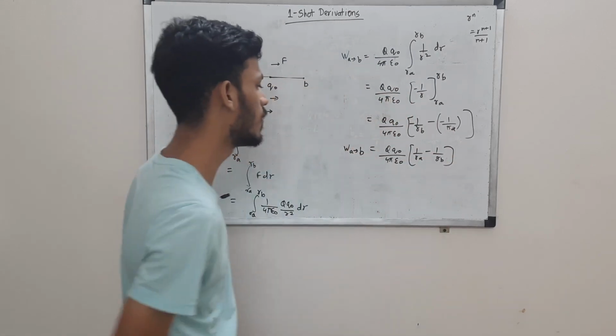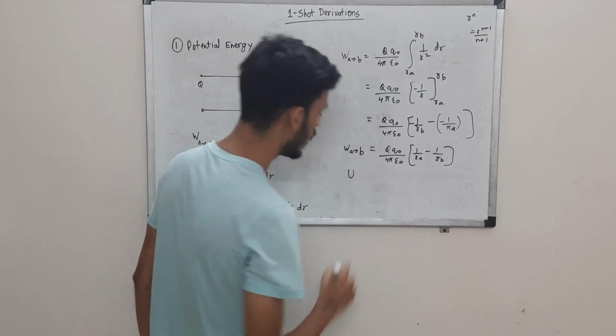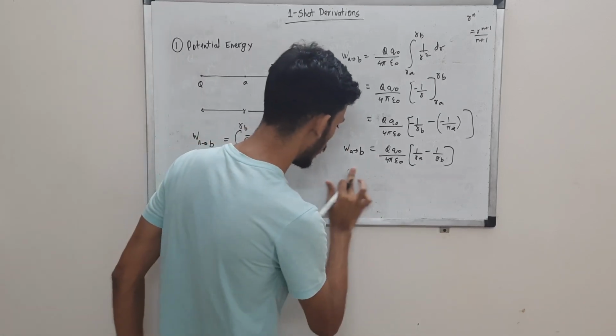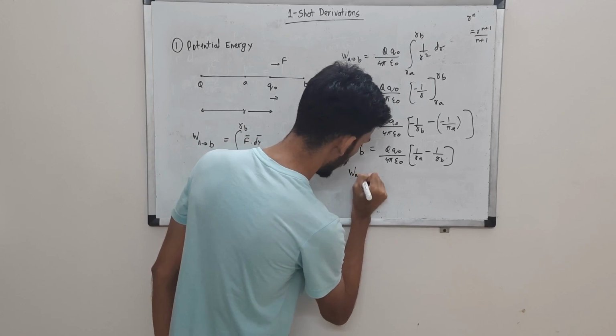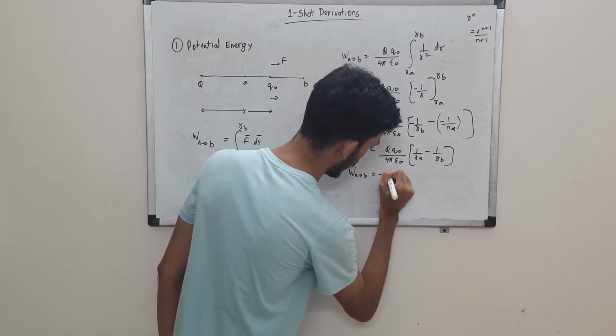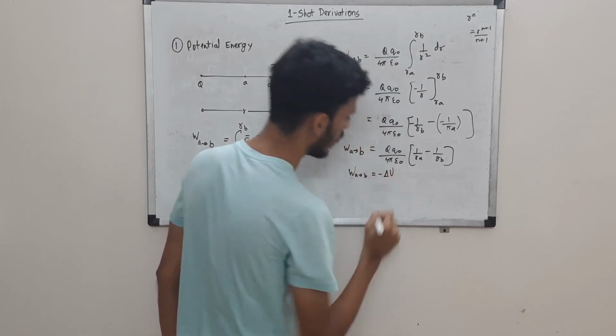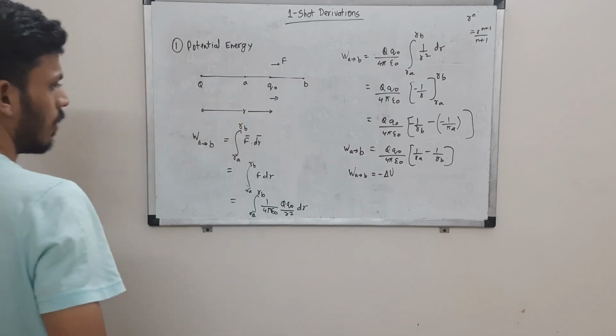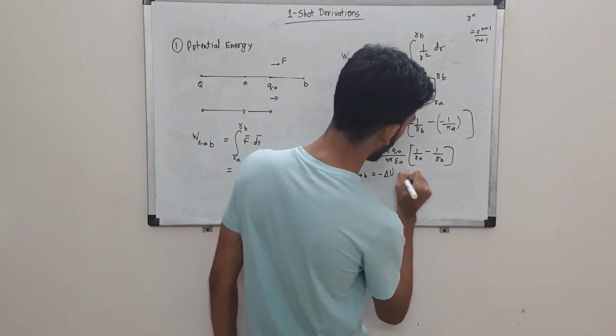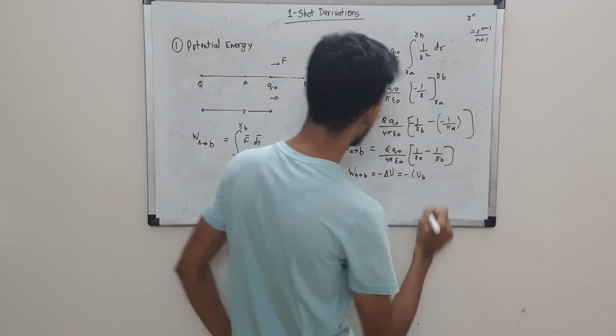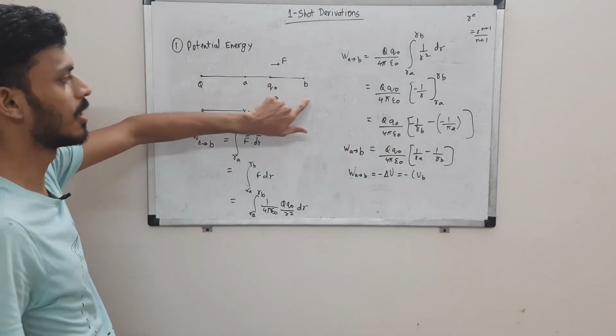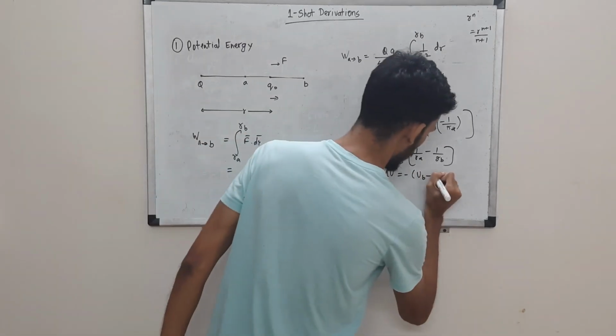Now for a conservative system, we know that the work done from A to B will be the negative change in the potential energy, negative delta U. What is the change in potential energy? Basically the final potential energy, since this is the final position, minus the initial potential energy.